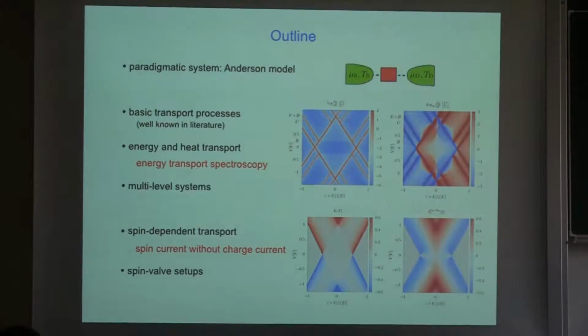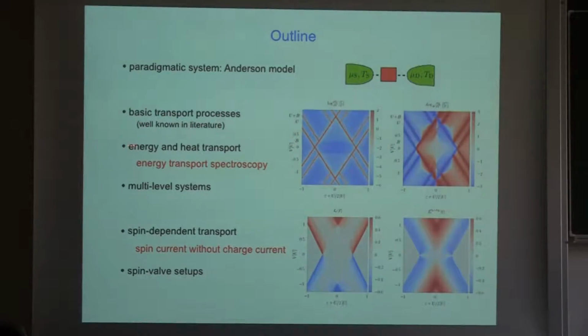Okay, that brings me to my outline. I will study in this talk the paradigmatic model for these quantum dots or nanostructures, which is the so-called Anderson model. I will first define it, of course. Then I will quickly go through the basic transport processes that appear in these systems, and this is all well known in the literature.